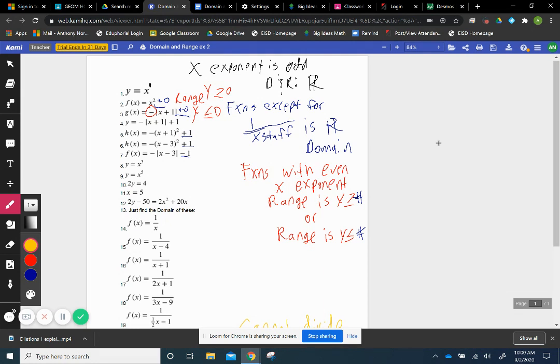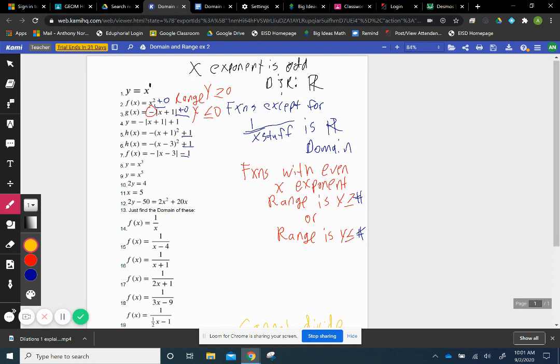If we look at number 1, the exponent of x is an odd number. That means our domain and range is going to be all real numbers. That'll be true for 3 and 5 as well. On number 2 and number 4, we see that the exponent is even, or we have these absolute values. It means the same thing. So functions with an even x exponent, the range is either going to be y is greater than or equal to a number, or y is less than or equal to a number.